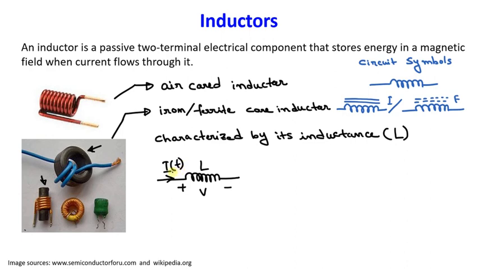Let's say it is a varying current, right? So then what will be the relation between this current and voltage in case of an inductor?